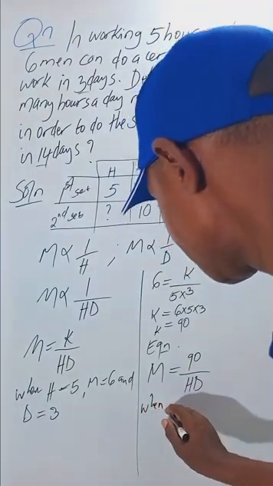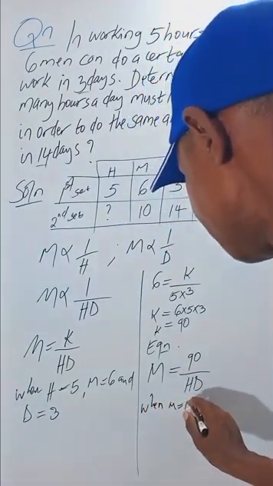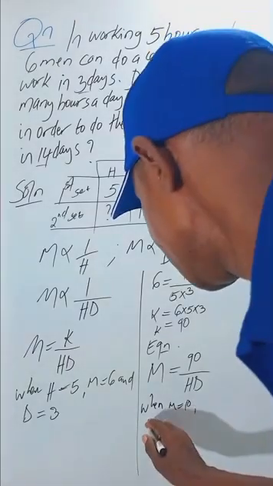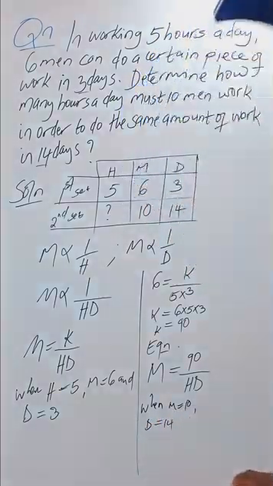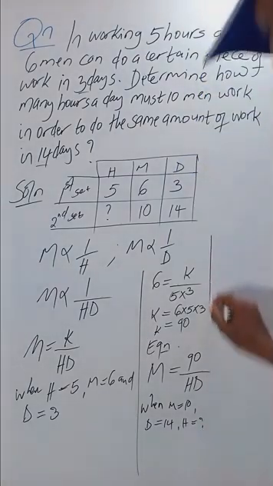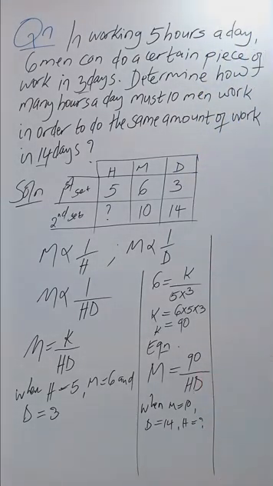Again, when M equals 10, D equals 14, we don't know H, then we shall have 10 is equal to 90 divided by H, which we don't have, but we have D, that is 14.